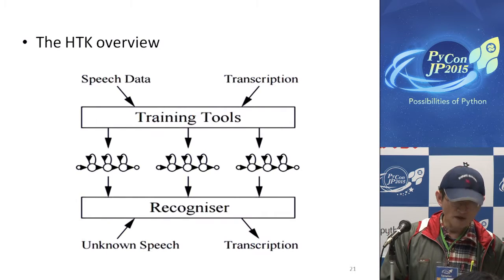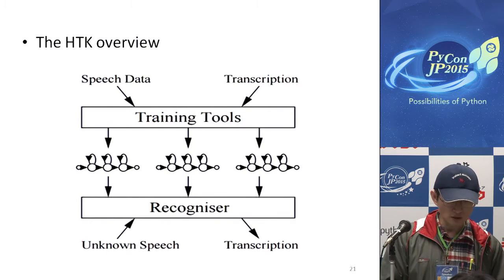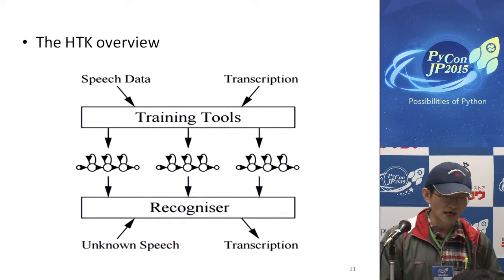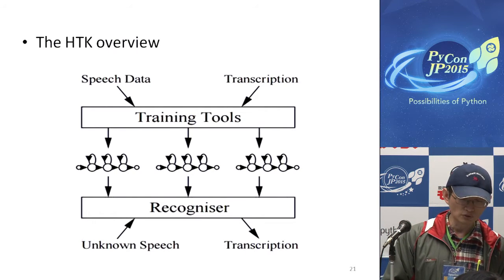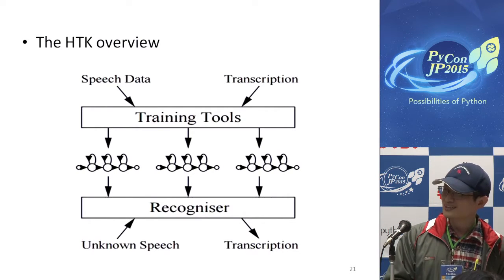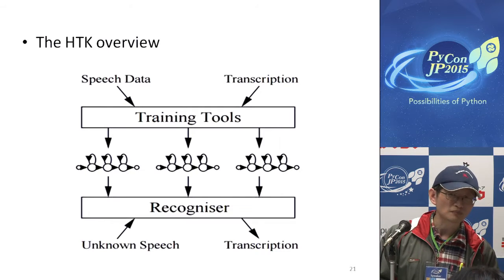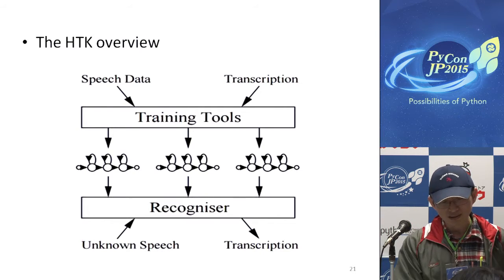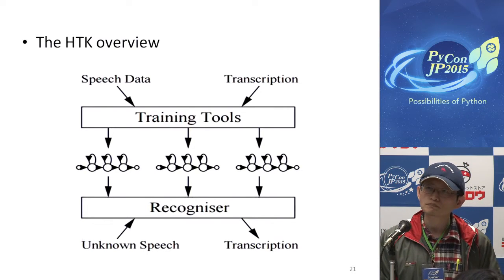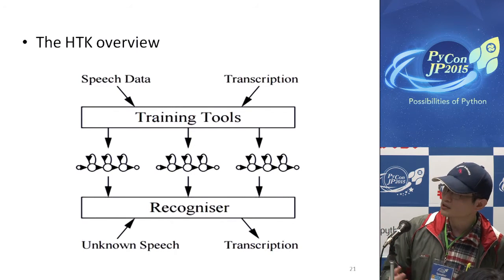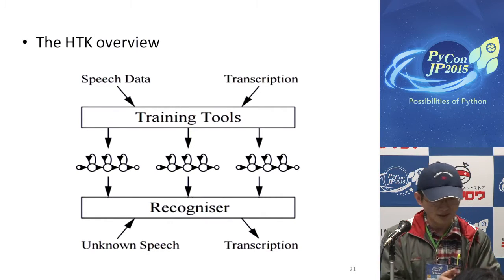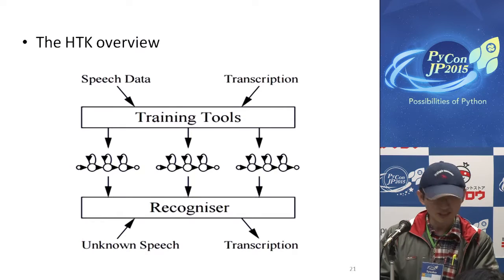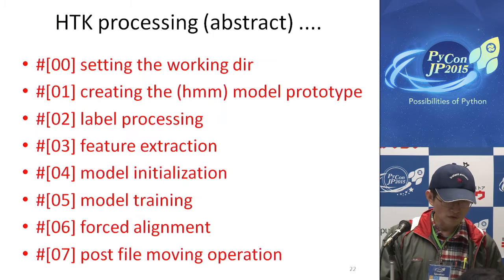Following that, a quick review of the HTK Hidden Markov Model Toolkit. Actually, it is a machine learning problem. Like other machine learning tasks, it is divided into a training part and a testing or recognition part.